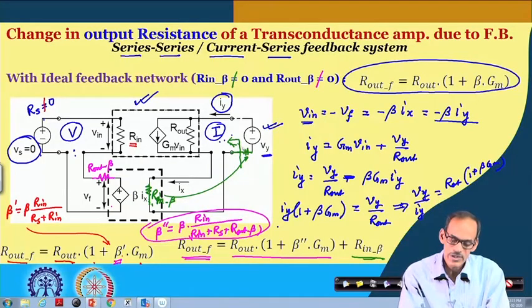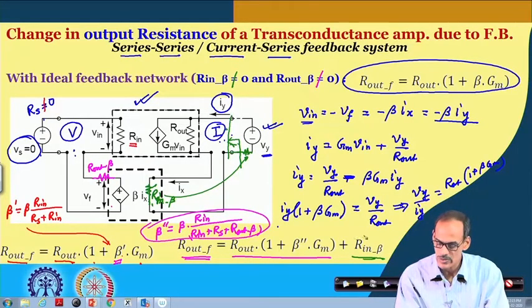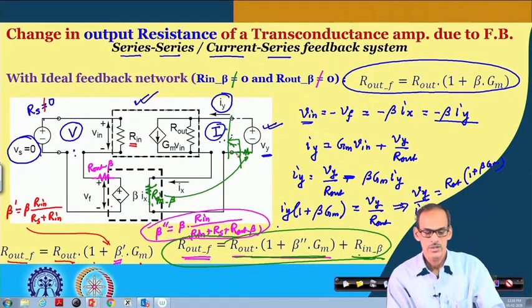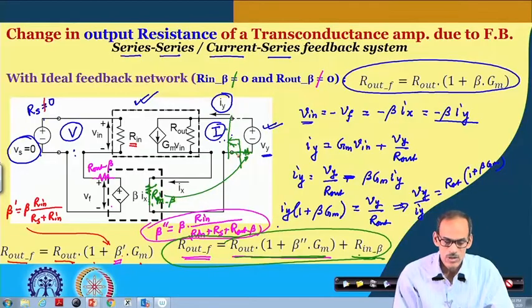So, the resistance here will be whatever the resistance we do have without considering this resistance in series with this resistance. So, that is why you can think of the total resistance as the main feedback circuit resistance in series with the input resistance of the feedback network. That completes all the 4 possible configurations.